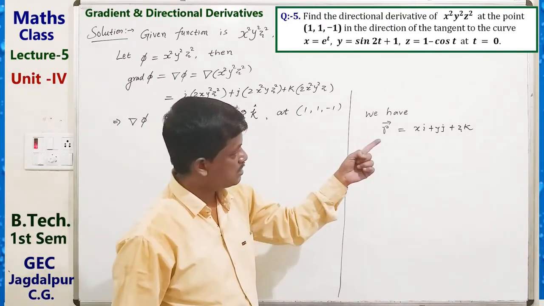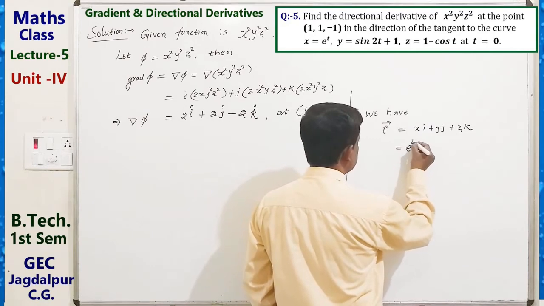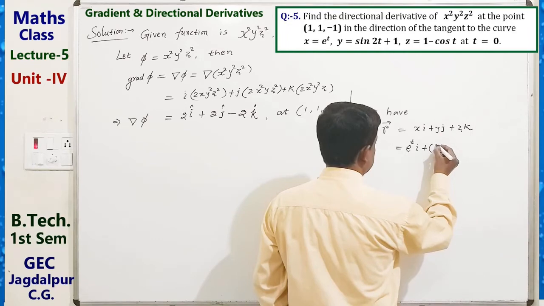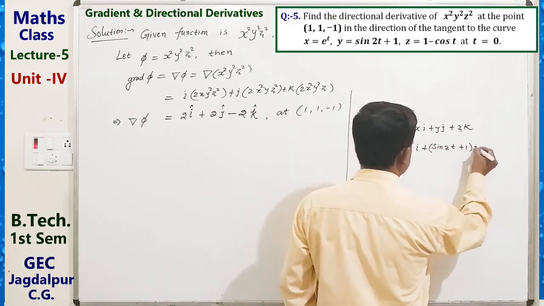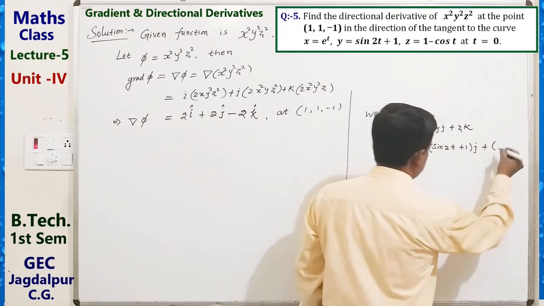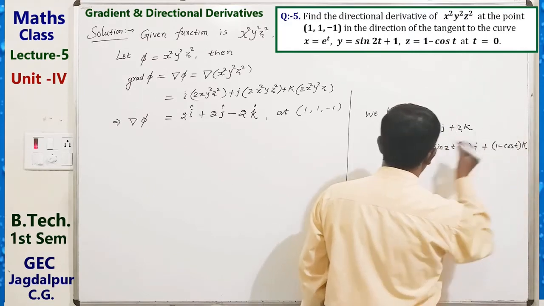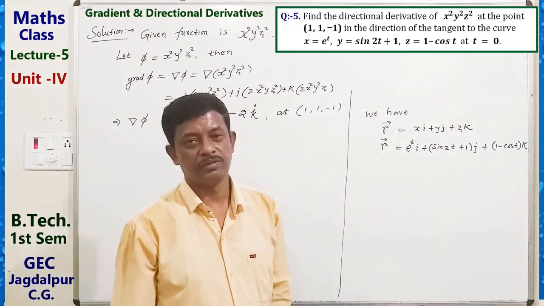So here x, y, z in terms of t: r equals e to the power t i plus (2 sin 2t plus 1) j plus (1 minus cos t) k. This is the value of r. Now r is a function of t.